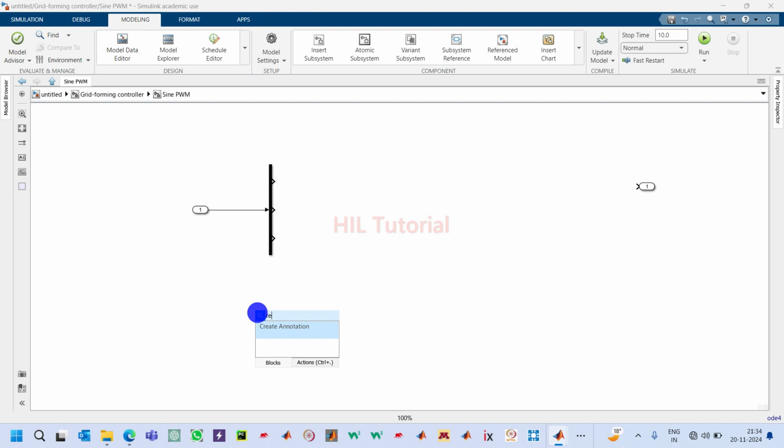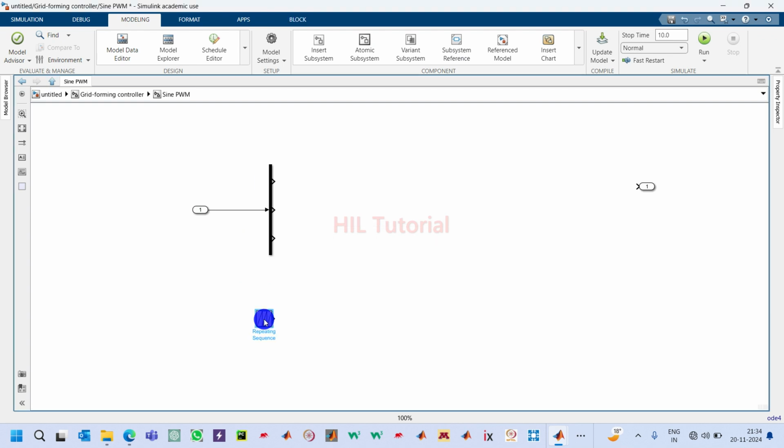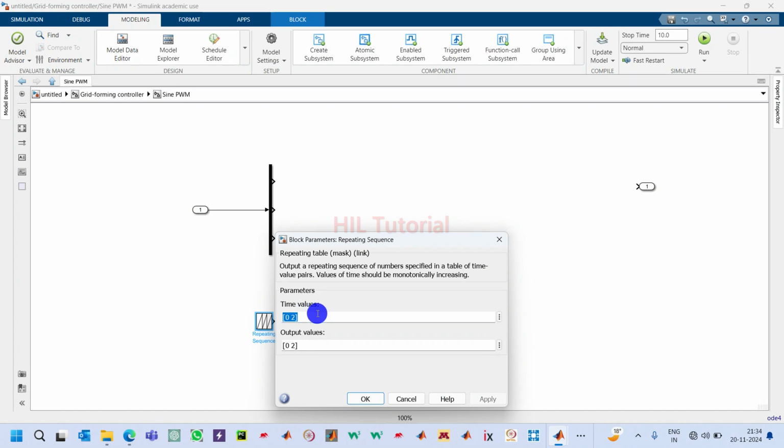So now we will make one repeating sequence. Take one repeating sequence, double click on it, and here take 0, 0.00005, comma, 0.0001.